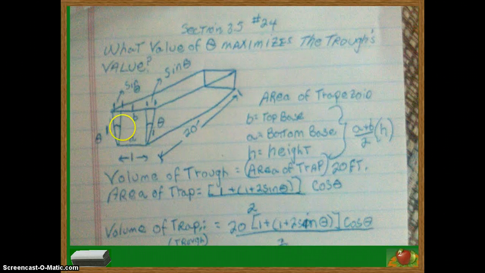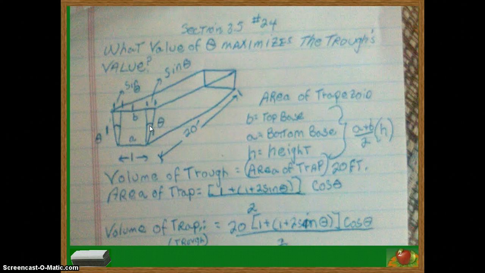I can express the top base, this B, by 1, which is the interior portion, and then this little part is the opposite side of this right triangle, which has angle theta.